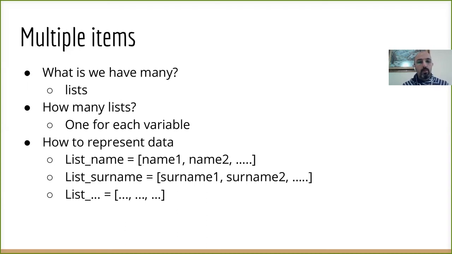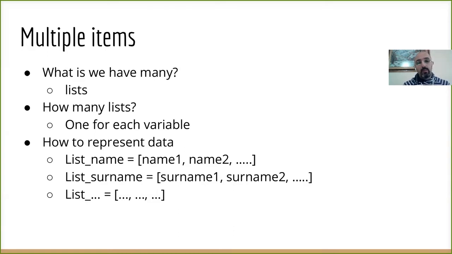So possibly a list. We have seen in a previous lesson how to use lists with different values. One possible solution can be having a list for each feature, for each attribute such as name, surname, birthplace, and so on.